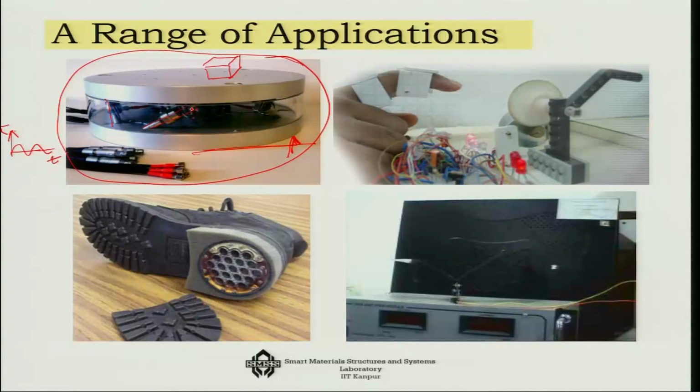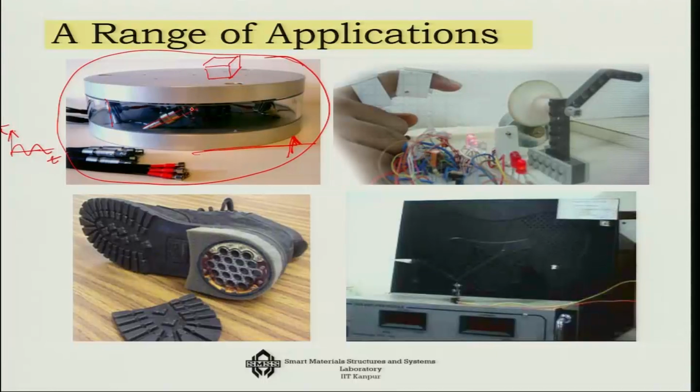If it does not resonate, then it is going to absorb this vibration within itself. So how do I do it? Because this base excitation can keep on varying. One way to do it is to use piezoelectric material which can change its size. So you can increase or decrease the leg length as and when required.